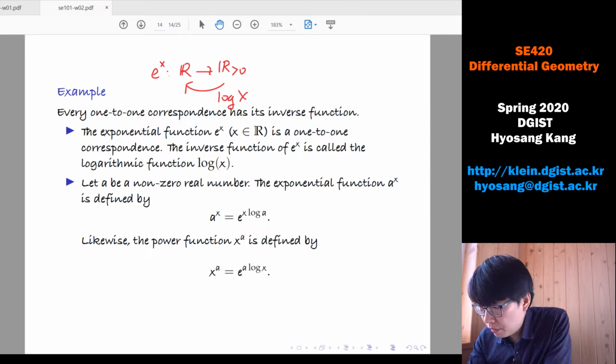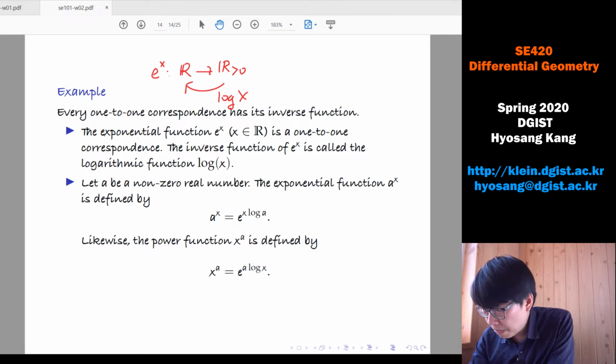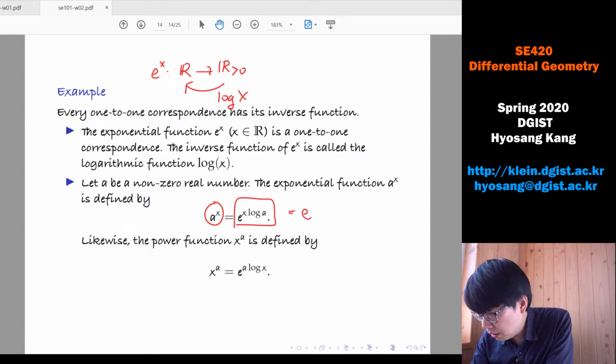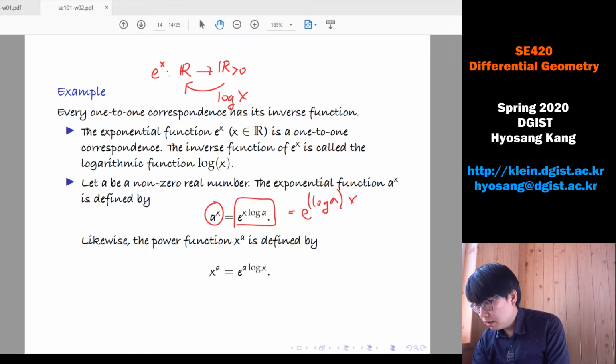For example, if you want to define an exponential function whose base is not e but some other value a, then a to the x is defined as the composite of two functions, e to the x log a, which means e to the power of (log a) times x. So this is a perfectly logical definition.